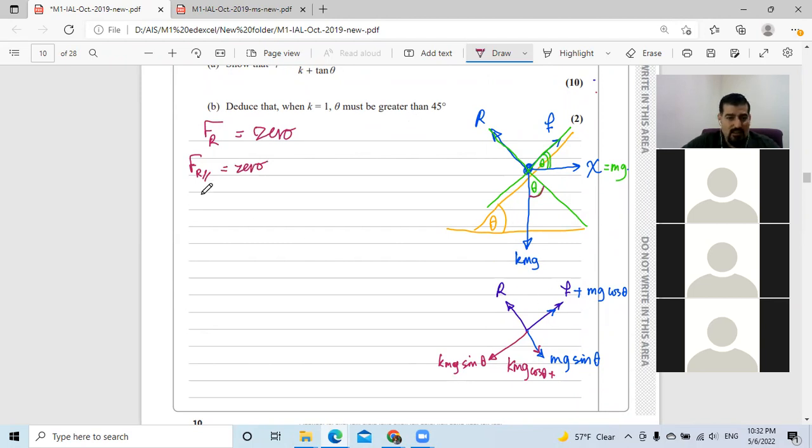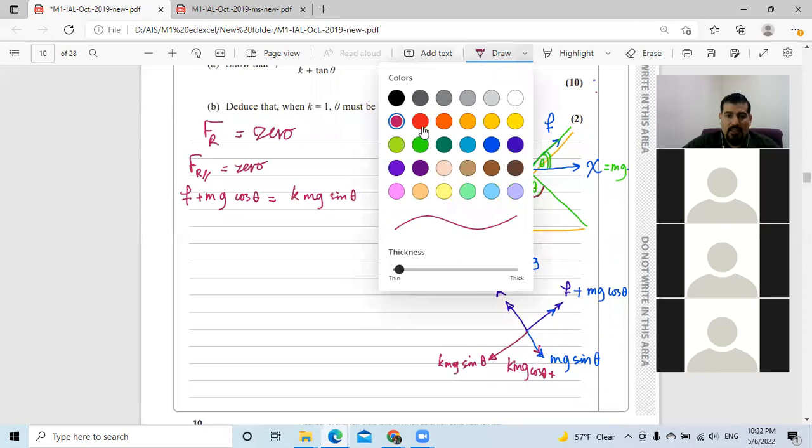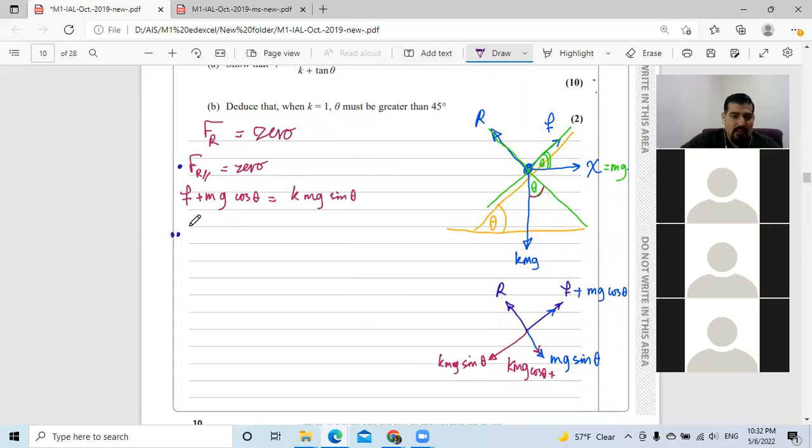That means F plus mg cosine theta is equal to kmg sine theta. And again, the resultant force perpendicular is also equal to zero.